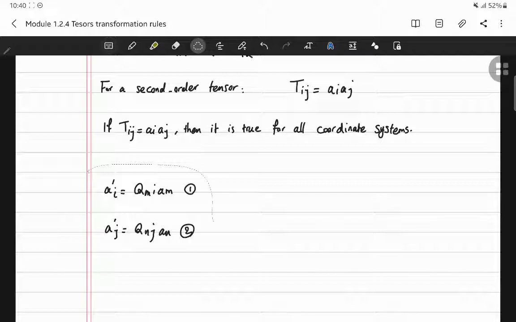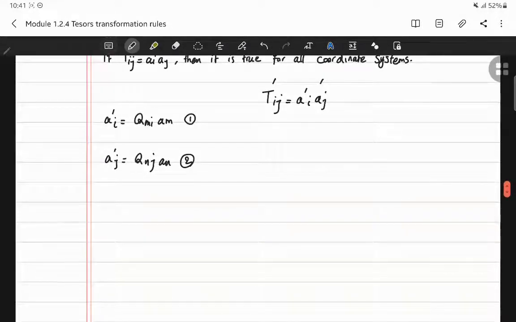So that's why we have T prime ij is equal to A prime i A prime j. So that's why I wrote here A prime i is equal to Q_mi A_m and A prime j.